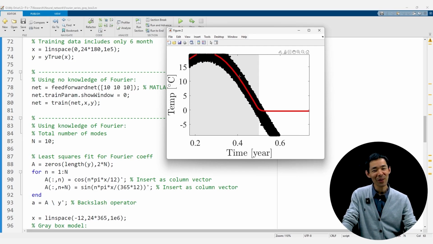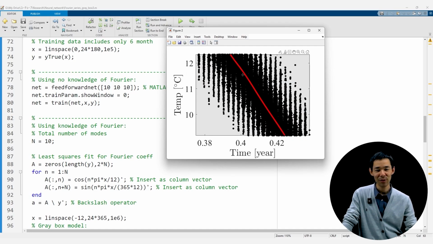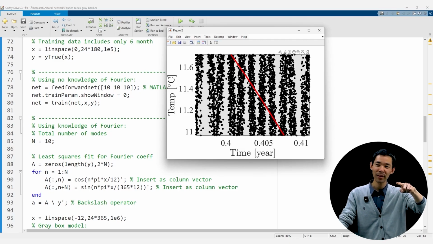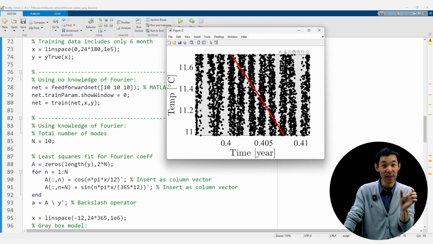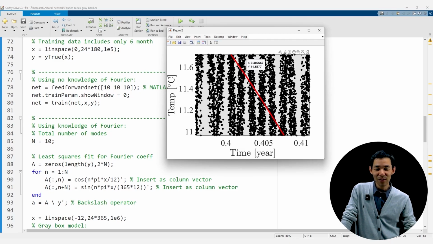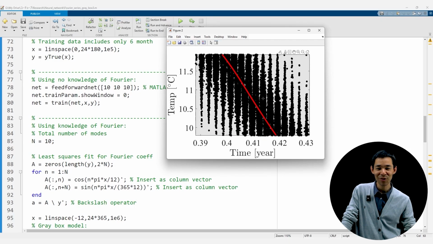But what's also kind of interesting is if you zoom into the day-to-day oscillations, again, there is a 24-hour cycle and the temperature going up and down over a much higher frequency. The neural network, the black box model, captures the mean of each of these daily fluctuations.